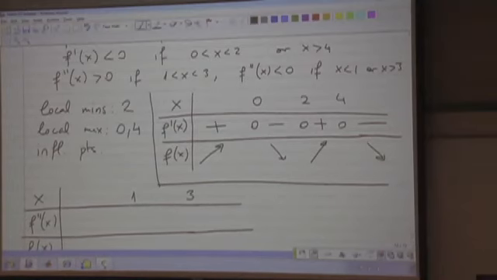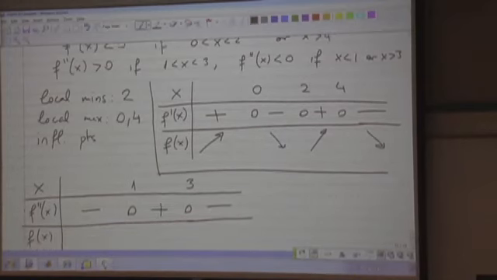We're assuming it's not given, but we're assuming the second derivative is nice enough that it actually is 0 there. So, what do we know? It's positive between 1 and 3 and negative outside. That basically tells us your function's sad between minus infinity and 1, happy between 1 and 3, and sad from 3 on.